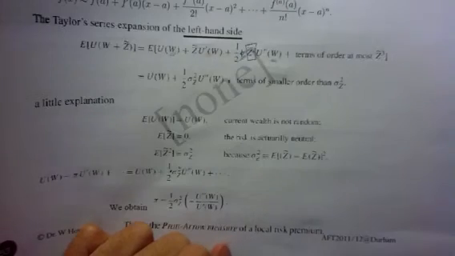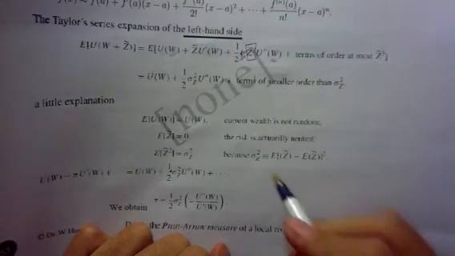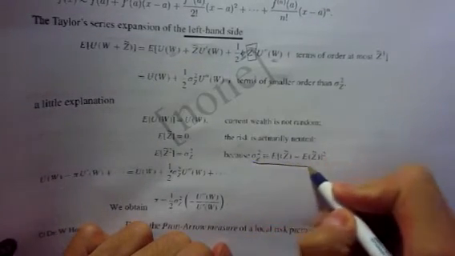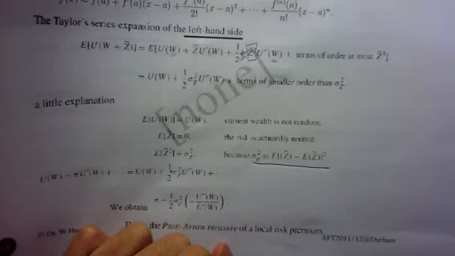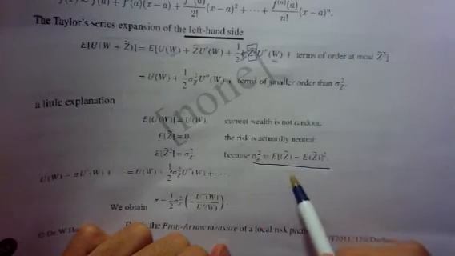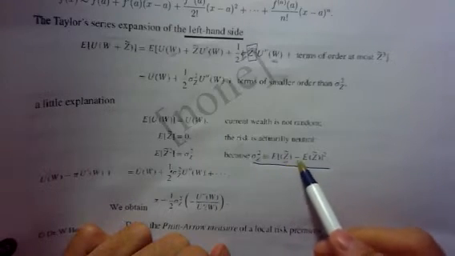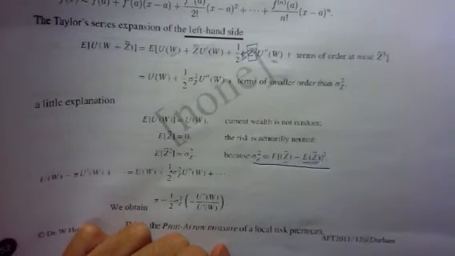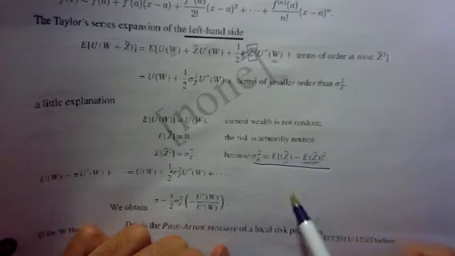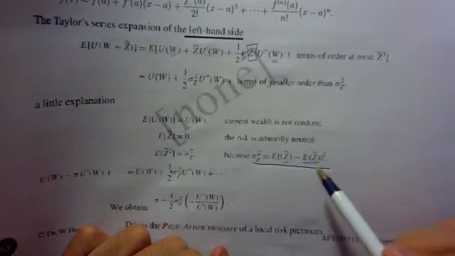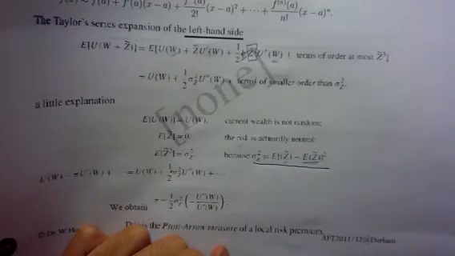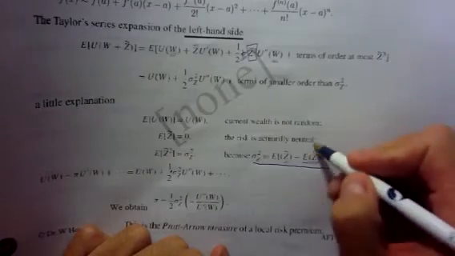Now let's have a look at the variance of the gamble. By definition, here it is. The variance of the gamble equals the expectation of the particular outcome minus the expected value of the gamble. And again, according to the given condition, the expected value of the gamble should be what? 0, right?